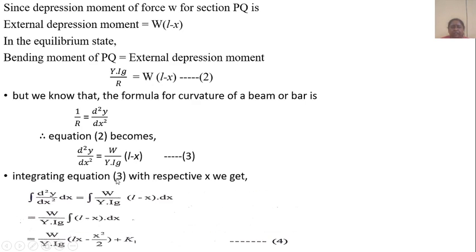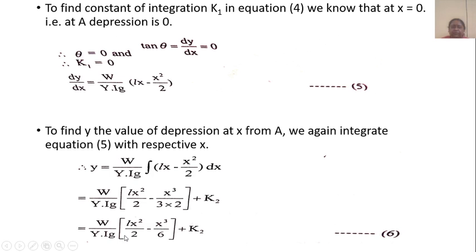So integrating equation 3 with respect to x, we get the integral of d2y by dx square into dx equal to the integral of W upon Y into Ig into (L minus x) dx. Taking the constant quantity outside, W upon Y into Ig, integral of (L minus x) dx, equals W upon Y into Ig times (Lx minus x square upon 2) plus k1.